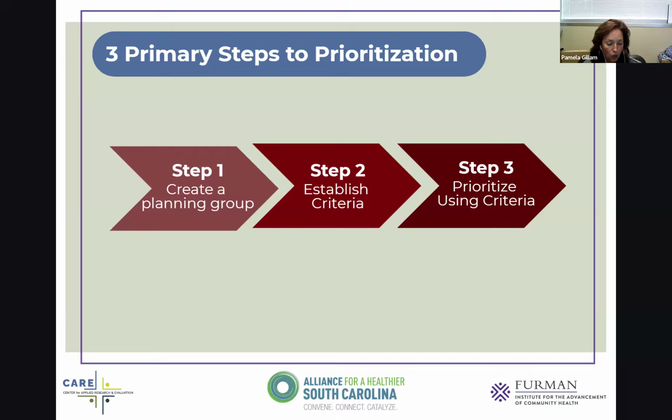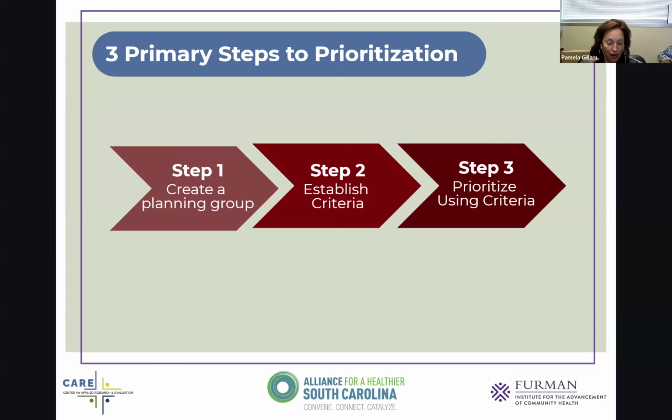Once you've created your planning group, you've identified what the process is going to look like, whether it's a day-long retreat, etc., you've established the criteria, and you've made some decisions around elimination of health issues or programs based on the criteria, then it's time to bring the group together and prioritize.